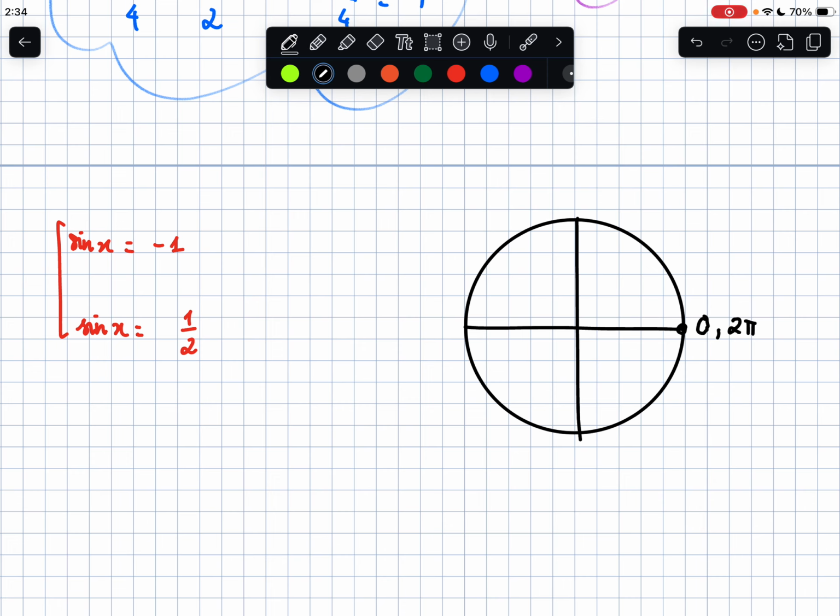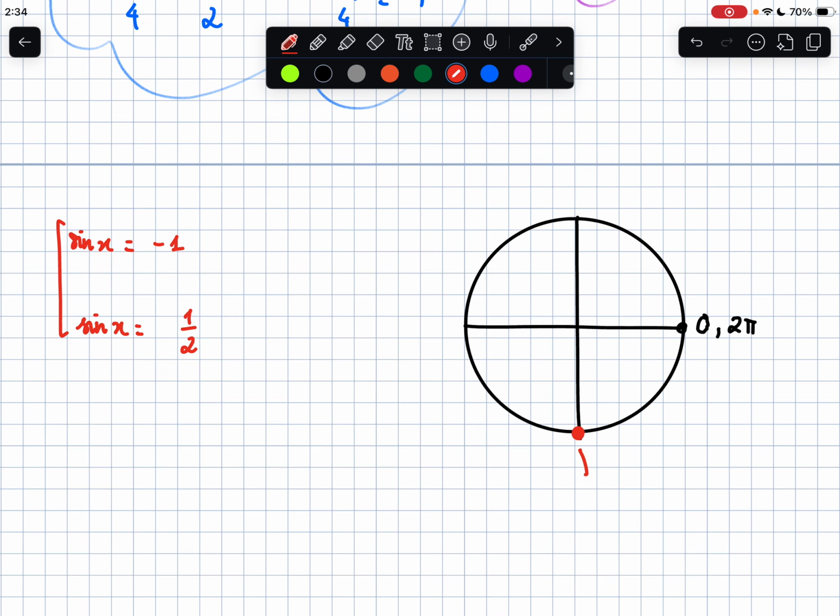Sine x equal to minus 1, we are here, 0 to pi, so this is 3 pi divided by 2. Sine x equal to 1 over 2, 1 over 2 is here. You have 2 of them: pi over 6, 5 pi over 6.